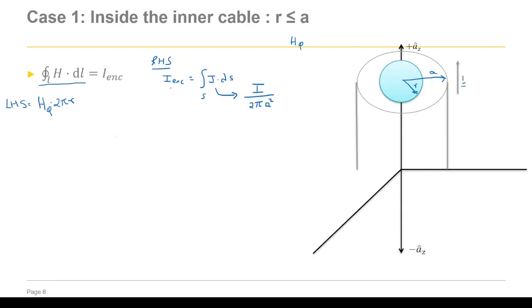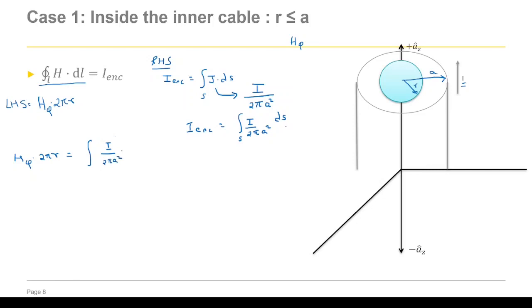Hence, the total current enclosed may be written as the surface integral of I over pi a squared ds. Equating the left-hand side and the right-hand side, we find that H phi 2 pi r is going to be equal to the surface integral of I divided by pi a squared.